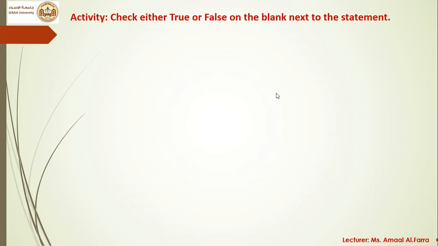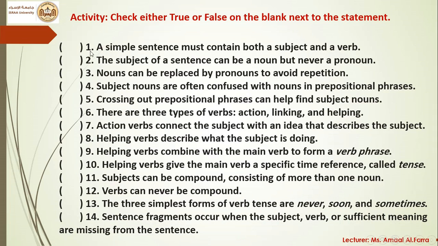Now we are going to have an activity, and this activity is for the 2 videos, for the whole lecture. Discuss what you learned in the 2 videos in the third lecture. Activity: check either true or false on the blank next to the statement. 1. A simple sentence must contain both a subject and a verb. 2.